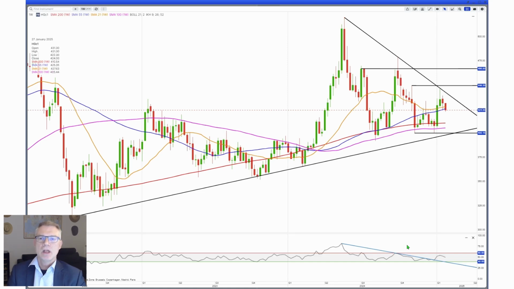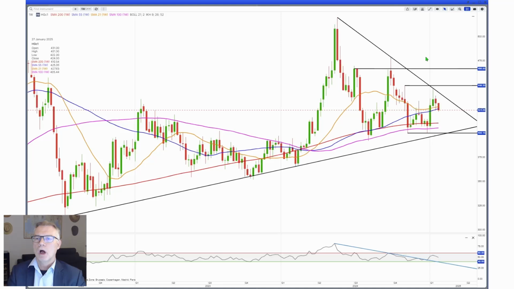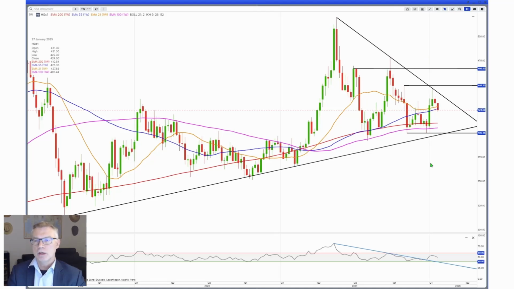That tells us there is a possibility that we will make a new high in copper eventually on the medium to longer term. However, we need two things to occur. First of all, we need copper to close above 449.30, so I would say above 450. 450 is a key resistance level, including also this falling trend line.